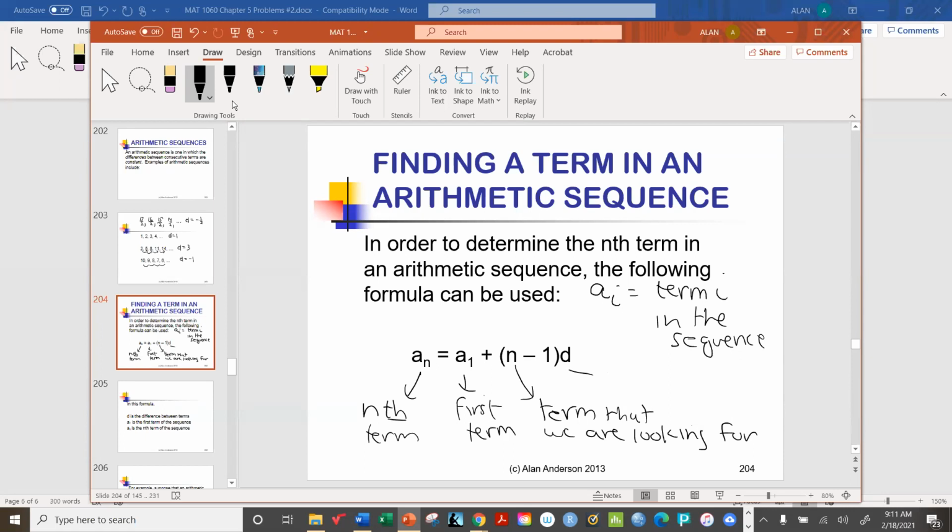And D, of course, is the common difference. So now it's understood that we know what the first term is and what the difference is before we attempt to do this formula. But it literally can help us find any term that we're looking for.